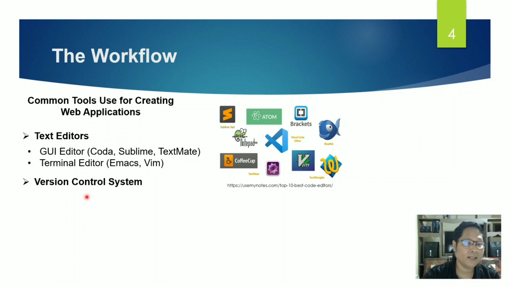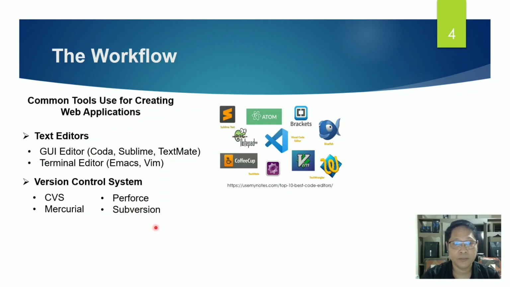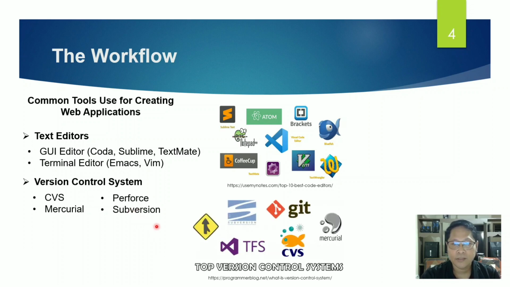These are examples of version control systems: Mercurial, Perforce, and Subversion. We also have other examples here, as you can see, TFS and especially this one, Git. I think this is the most common, and in fact, we are using this one.